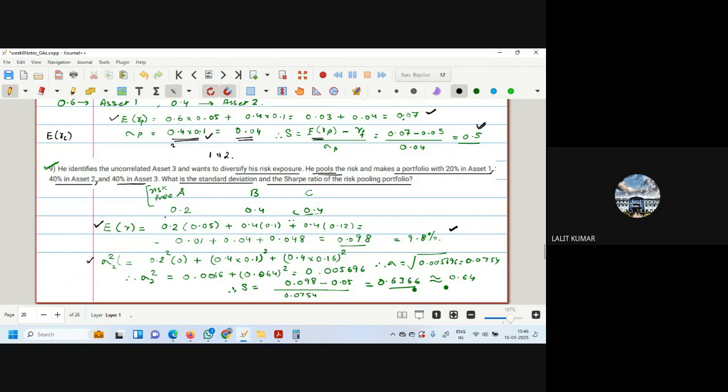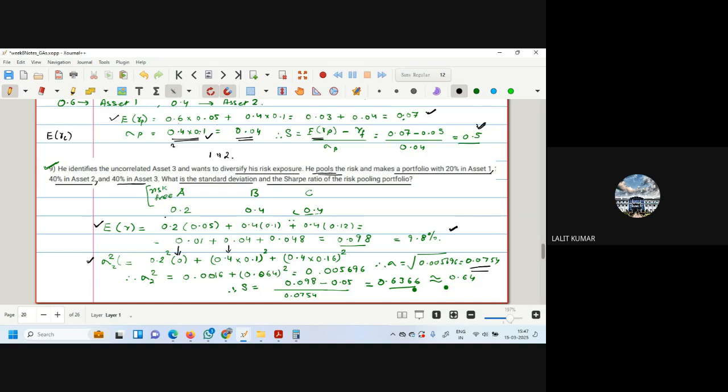Second, we find now the full variance of the entire portfolio. So for asset 1, it is 0. For asset 2 it will be 0.4 into 0.1 square plus 0.4 into 0.16 square because they have been given to us. So for the entire portfolio, sigma we get 0.0754.